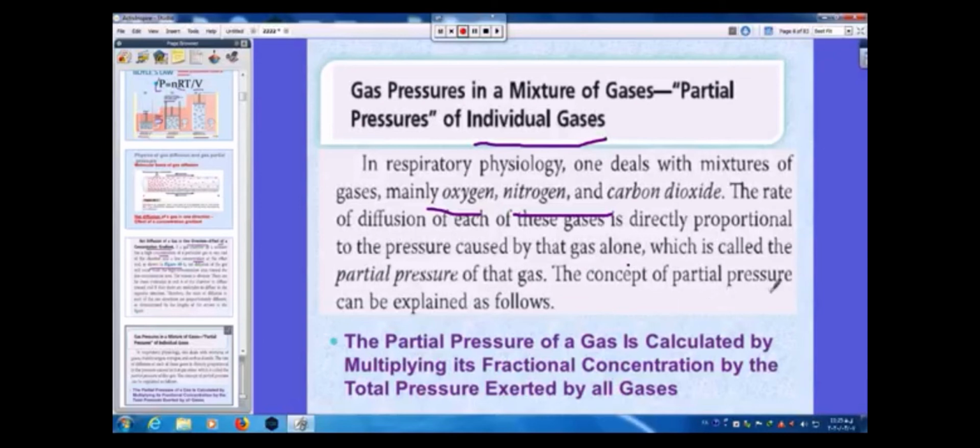The concept of partial pressure can be explained as follows. Partial pressure of a gas is calculated by multiplying its fractional concentration by the total pressure exerted by all gases.